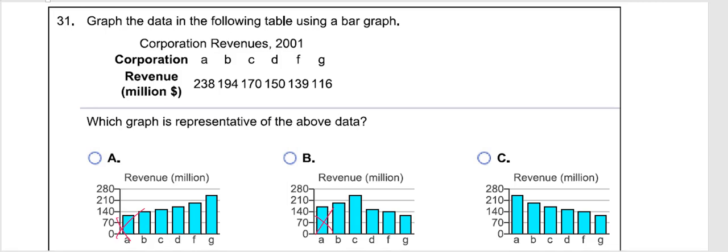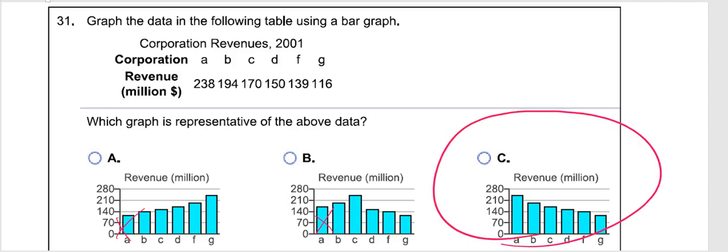For B is 194, sure. C is 170, it's going to be a little bit less to 150, a little bit less to 139, and then down to, so I'm guessing it's C.